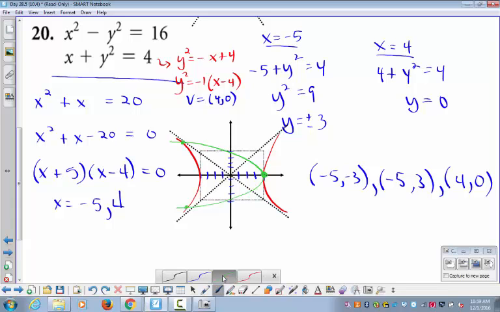So p is negative, so it opens either down or left. Because y is squared and x is not, we know that it's opening left. And so we see the 3 solutions are those. 4, 0. And if we went out to negative 5, we go up 3 and down 3.